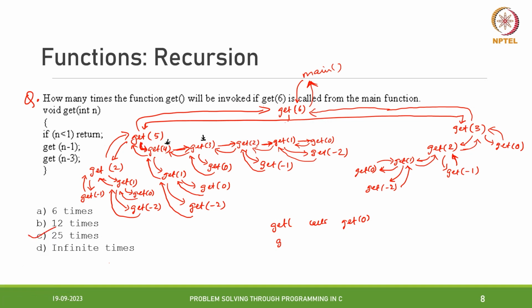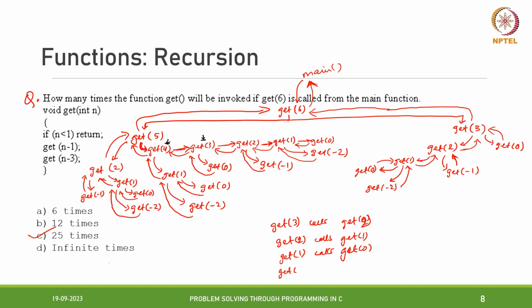Okay, let me just write a small part of it. Say get of 3 will call get of 2. Then if you run a fresh get of 2, what does it call? It will call get of 1, right? Now if you run a fresh get of 1, it will call get of 0.